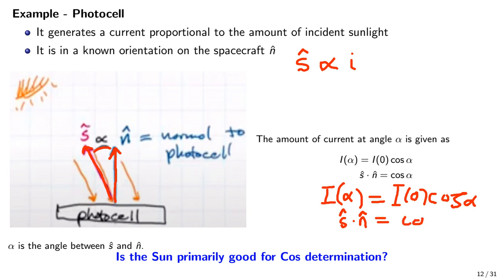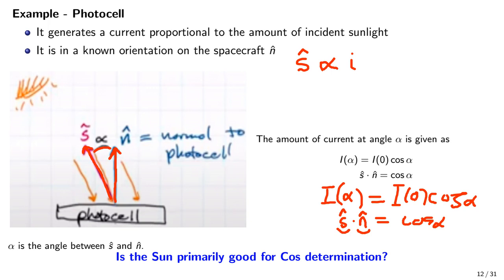This is the measurement from your photocell, and this is the measurement which you already know, the inertial one. When you take a dot product of it, you can actually obtain the angle between them. All right.